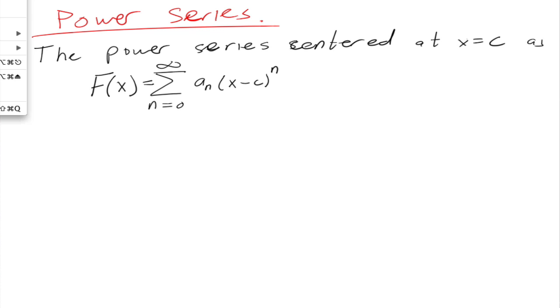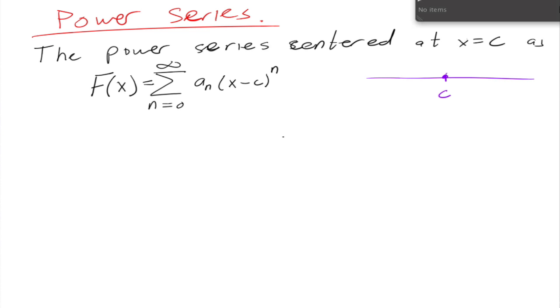So that's why we say it's centered at c. Let me draw a little. Let's say that this is a number line, and c is right here. The closer the x values are to c, the better the chance it has of converging, because then you have this small number being raised to the n.